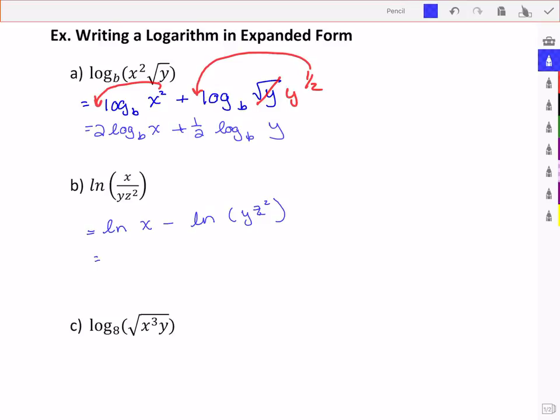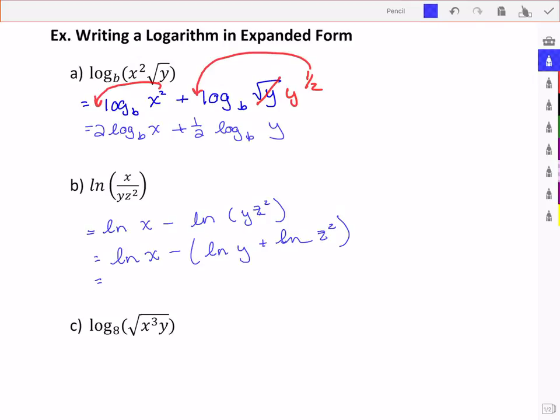Okay, that's just one step. We're not done. Equals natural log of x. Now here we've got a product, so I'm going to say minus the natural log of y plus the natural log of z squared. And I did plus in there because it was just separating out that product.